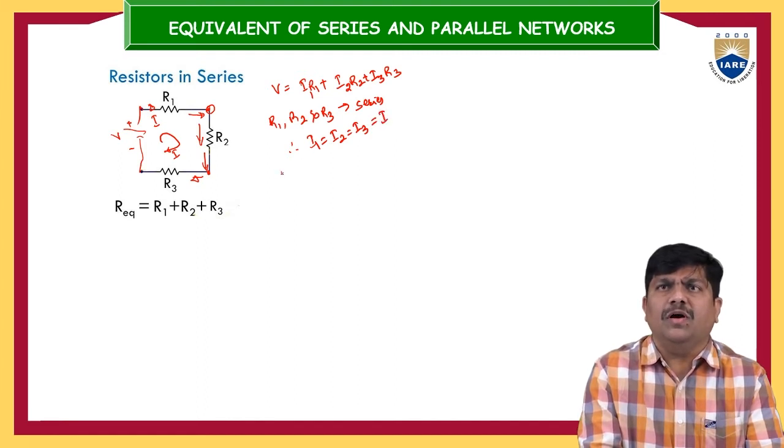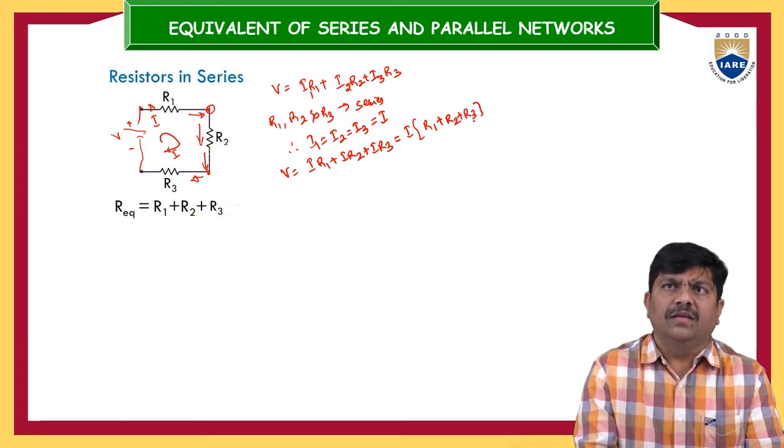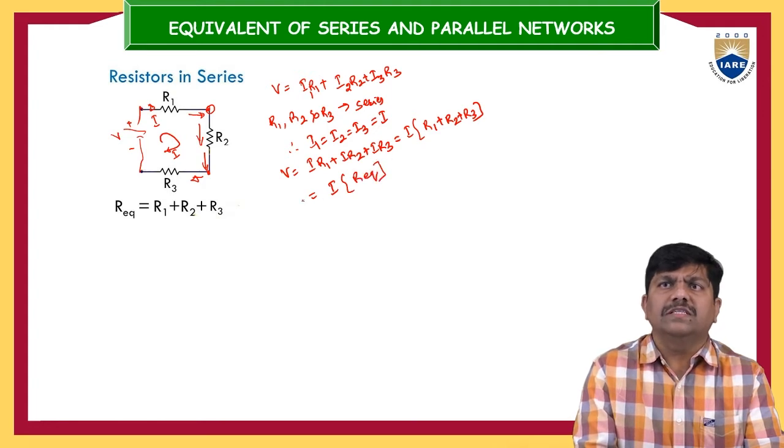Then go back to our original equation. This is I into R1 plus I into R2 plus I into R3. Now we can take I common: I into (R1 plus R2 plus R3). This can be represented as R equivalent. So V is equal to I into R equivalent.